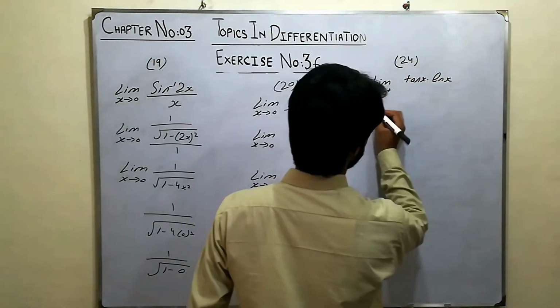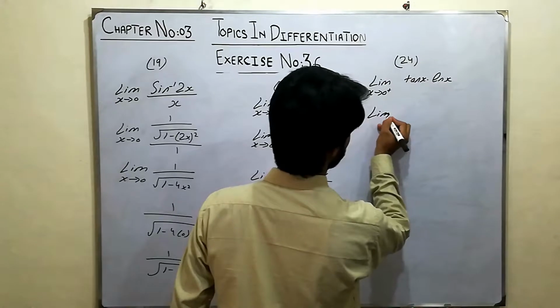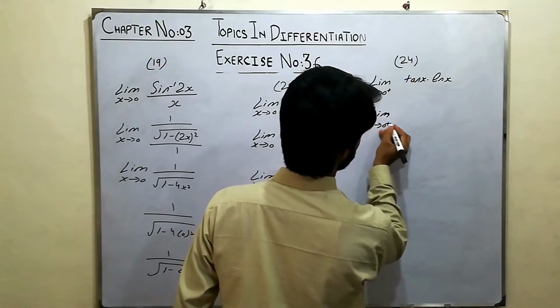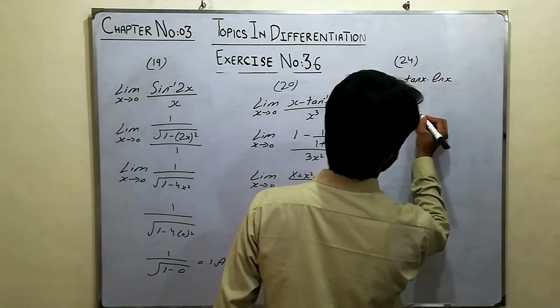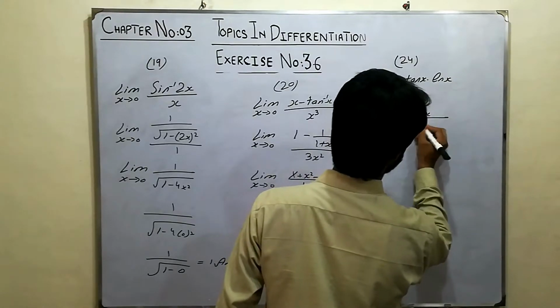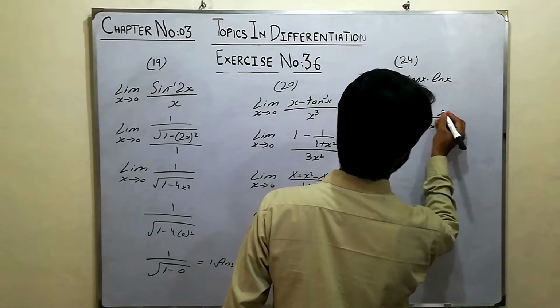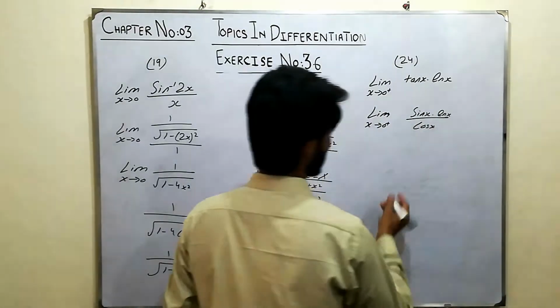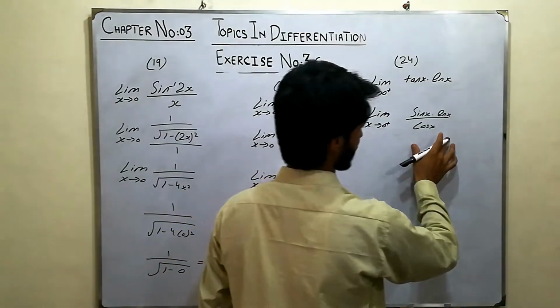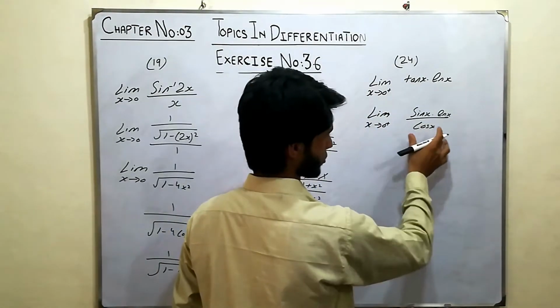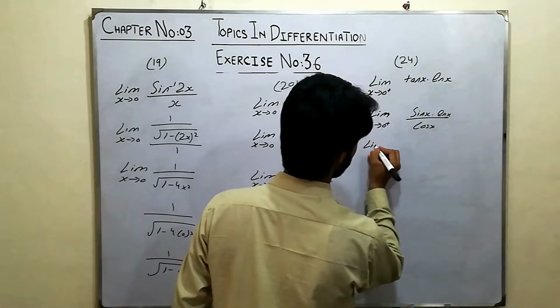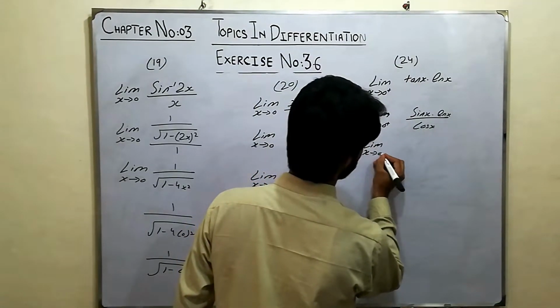Now for this one, we change tan x into sin x divided by cos x, so we have ln x divided by cos x over sin x. If we put the limit in that function, we have the form of infinity by infinity. Now take the derivative, x approaches 0.